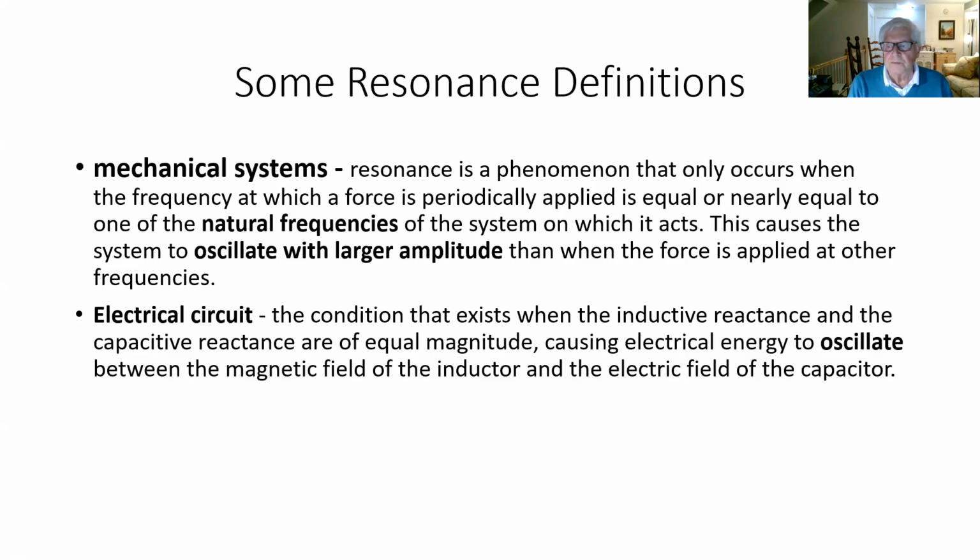But first, we need to define what resonance is. For a mechanical system, it occurs when the frequency at which a force is periodically applied is equal or nearly equal to one of the natural frequencies of the system on which it acts. This causes the system to oscillate with larger amplitude because of this resonance factor. In other words, we send out a signal, a vibration, an oscillation, noise.